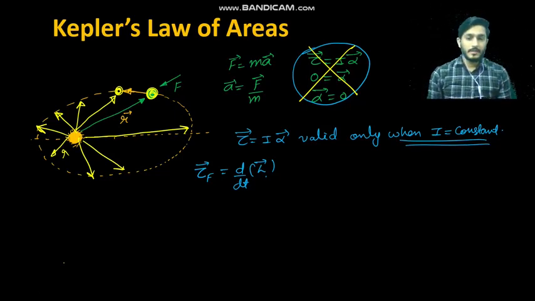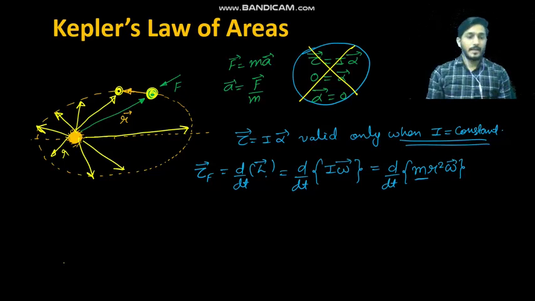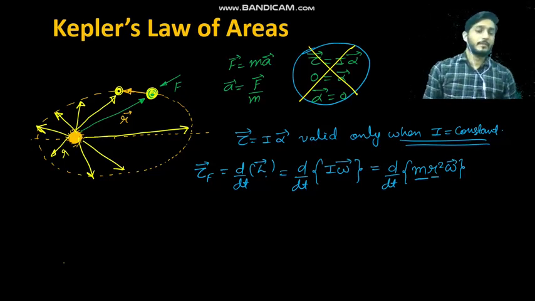Now, d by dt of this L, where L can be written as I times omega, and I can be written as mr square times omega, where m is the mass of the planet and r is the position vector of the planet about the sun.